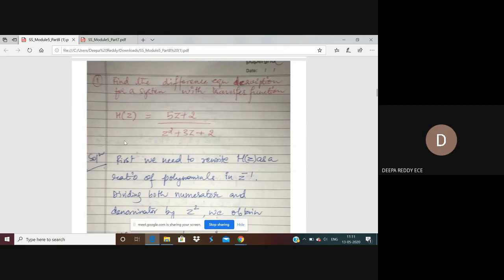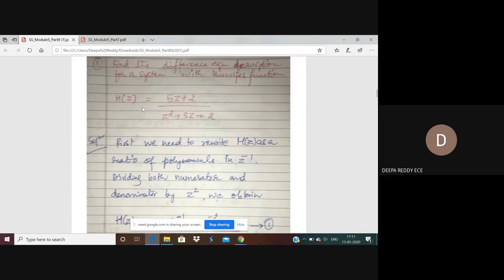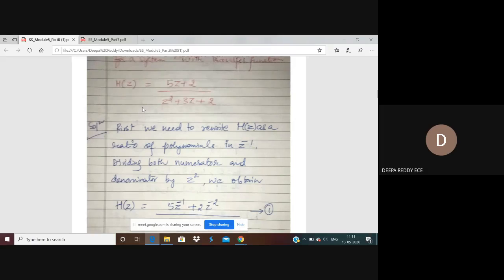What we have to do is come up with the difference equation description, just as we have seen in equation 1 in terms of a_k and b_k, in terms of y of n minus k and x of n minus k. So let us see how we can come up with the difference equation description for the given transfer function H(z). When H(z) is given, you have to always spell it as transfer function. So there are certain steps which we have to follow.